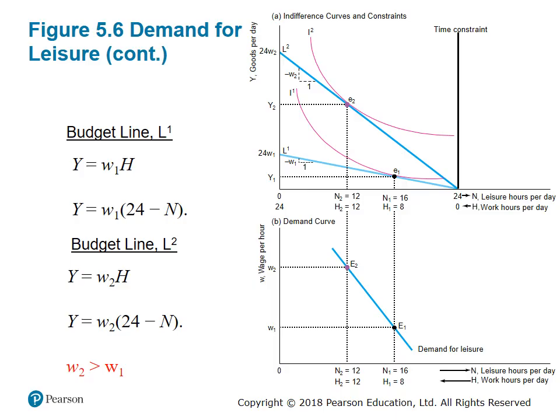The new optimal bundle is the tangency between the new budget constraint, L2, and a higher indifference curve compared to the original one, I1. And so the new optimal bundle is the tangency between L2 and the higher indifference curve, I2. She can now consume at the bundle E2.